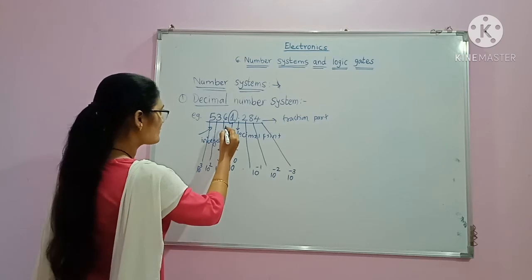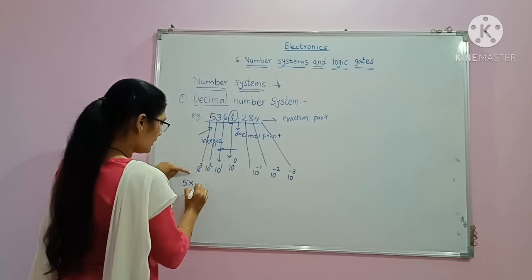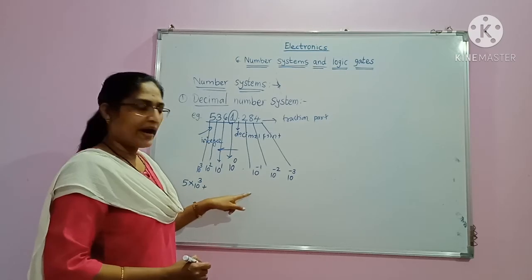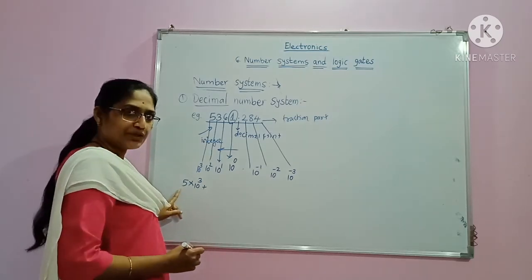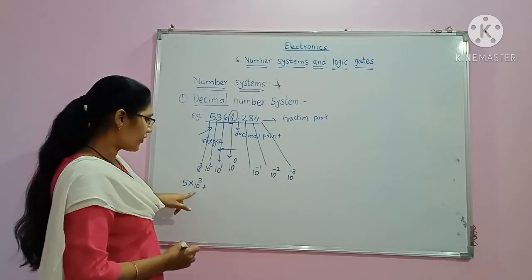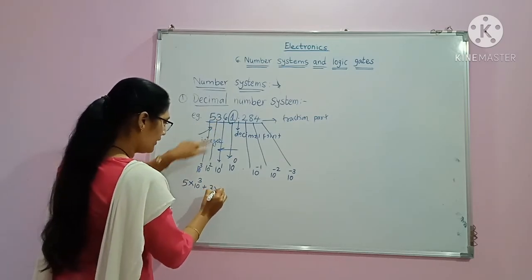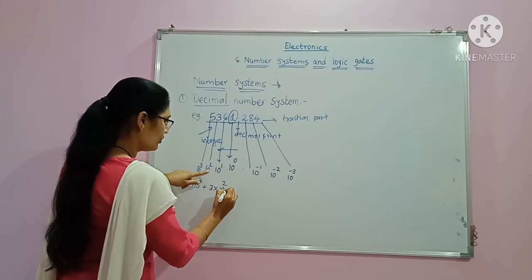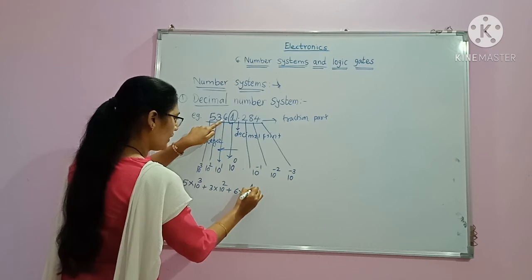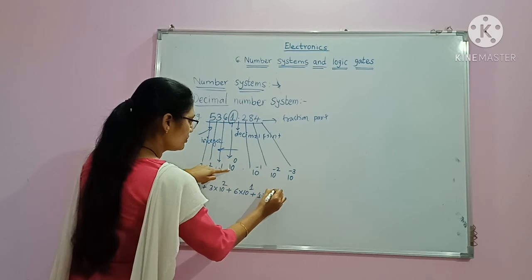In order to find its value, it means 5 into 10 raised to 3 plus, because it is nothing but the addition of the product of each digit into its weight value. Here the weight value is 10 raised to 3, plus 3 into 10 raised to 2, plus 6 into 10 raised to 1, plus 1 into 10 raised to 0.